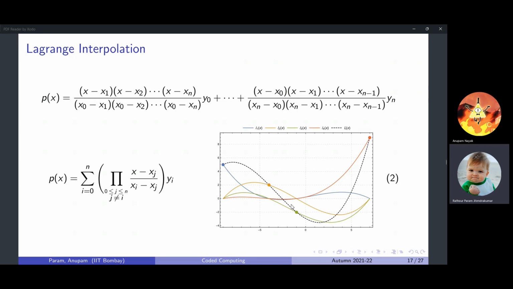We can see that all the others are 0 here, and only this one is different. This is different because we are scaling it by whatever the polynomial's evaluation is, and then we are just adding it, and as the others are 0, this addition will work perfectly fine, and we will get this black polynomial which passes through all the points.